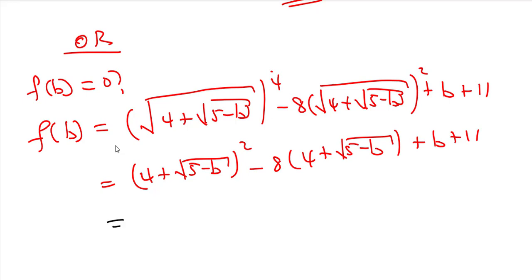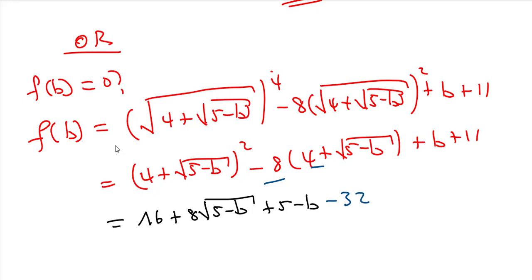This will be equal to 16 plus 8 root 5 minus b plus 5 minus b. Now the other side will give negative 8 times 4, which is minus 32, minus 8 root 5 minus b, all of this plus b plus 11. Now if we simplify, we realize that 8 root 5 minus b cancels negative 8 root 5 minus b. Now b and negative b cancel.